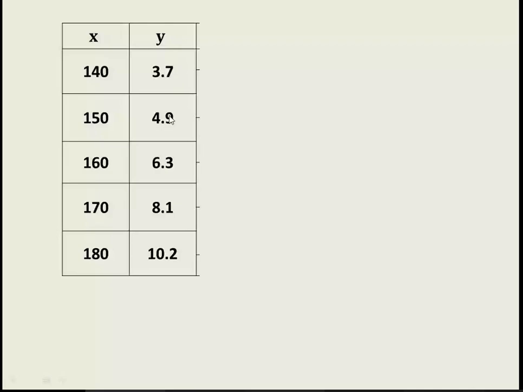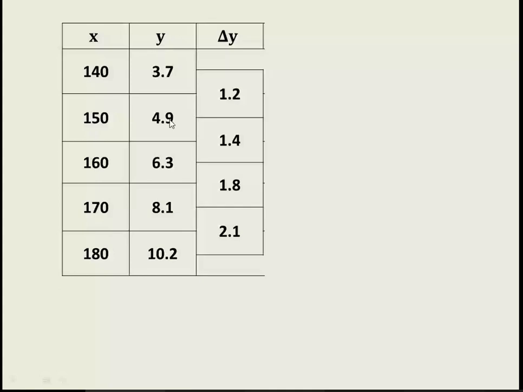By that we get the delta term. So the values of delta y will be 4.9 minus 3.7, which is 1.2, 6.3 minus 4.9, that is 1.4, 8.1 minus 6.3, that is 1.8, 10.2 minus 8.1, that will be 2.1.